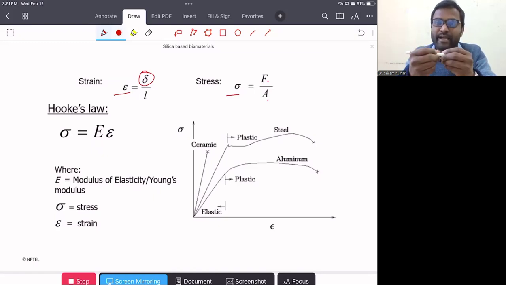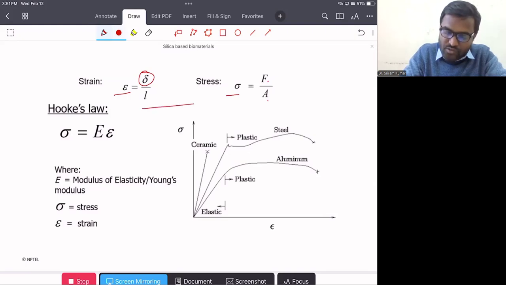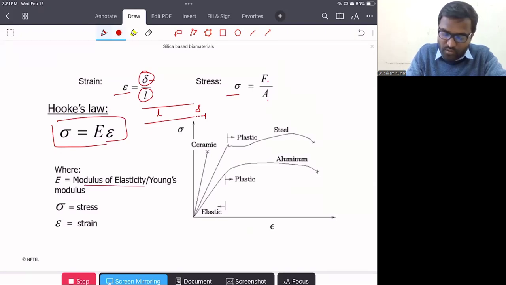This delta is the increase in the length of this biomaterial, and L is the total length of the biomaterial. Based on that, we calculate the stress, and stress is equal to E times epsilon, where E is the Young's modulus. So from here, we will calculate the Young's modulus.